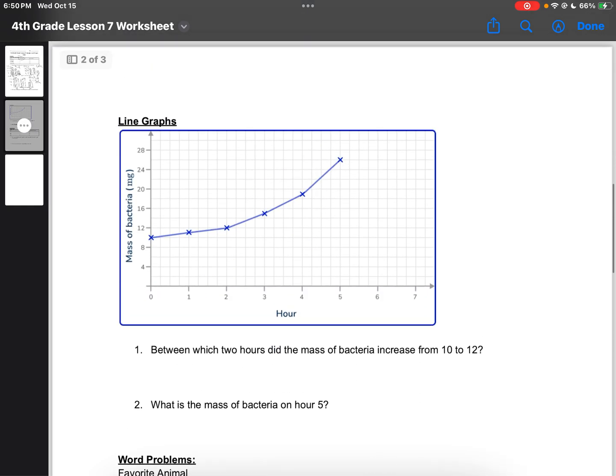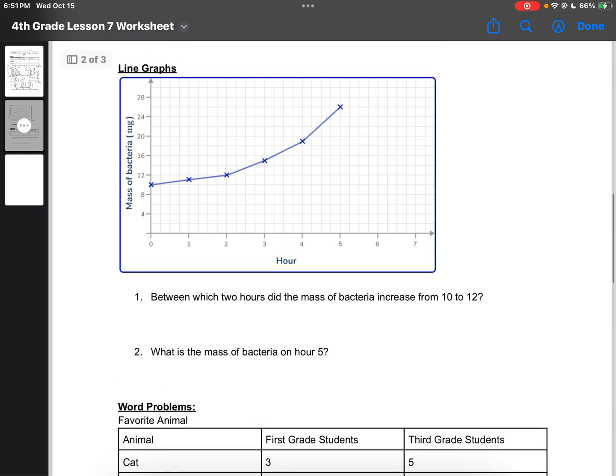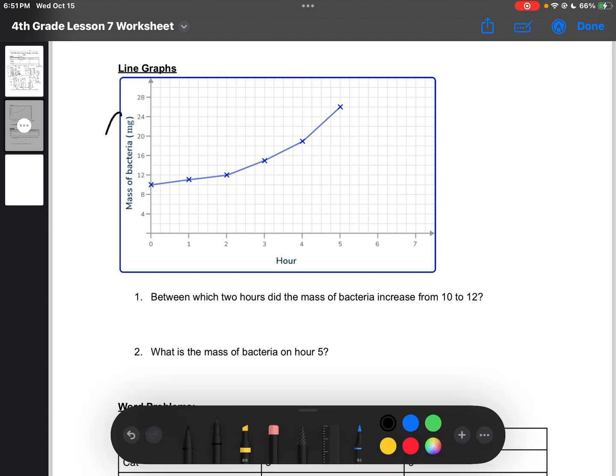Alright, next we're doing line graphs. Let's look at this line graph, and number 1. Between which 2 hours did the mass of bacteria increase from 10 to 12? Mass of bacteria is on the y-axis, so 10 is right here and 12 is right here.